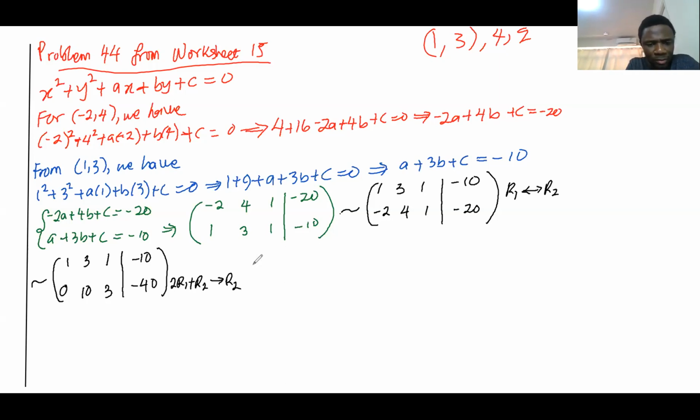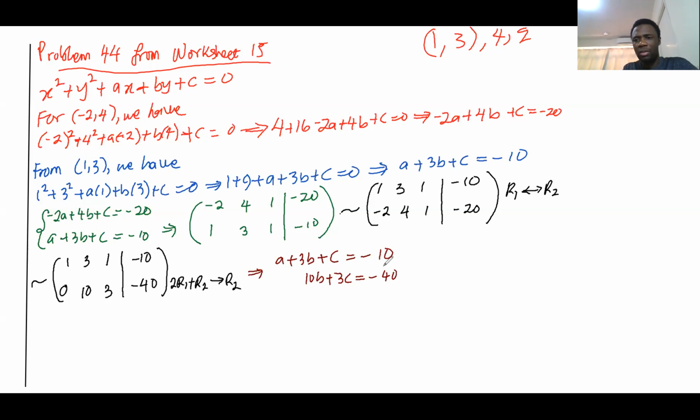We're now left with a plus 3b plus c equals -10, and 10b plus 3c equals -40, something like that. Please tell me if you are able to do it better.